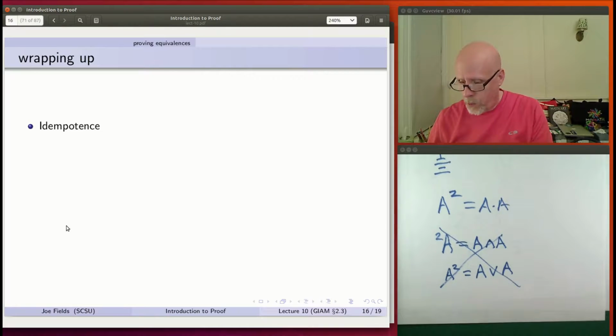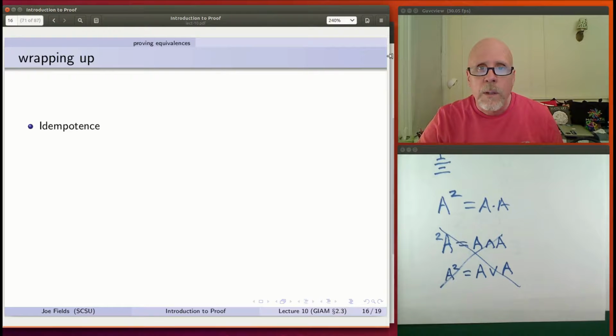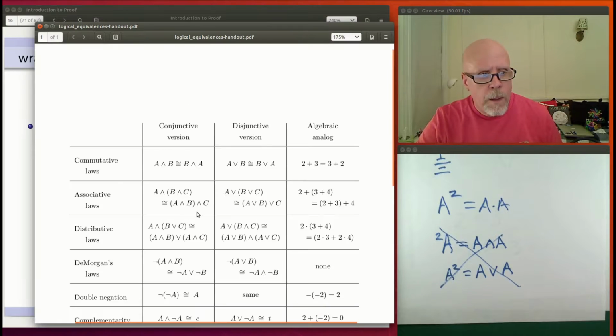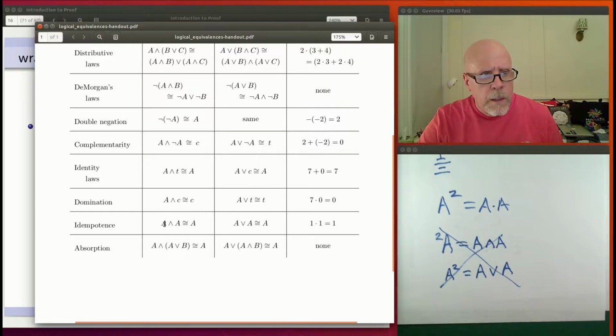If you OR a sentence with itself, you get itself. So let's look at that on the table. That's this next to last row, idempotence. A and A is equivalent to A. A or A is equivalent to A. 1 times 1 is equal to 1. I guess that's an analog. I'm not sure if that makes much sense.